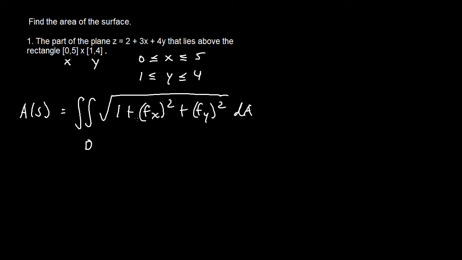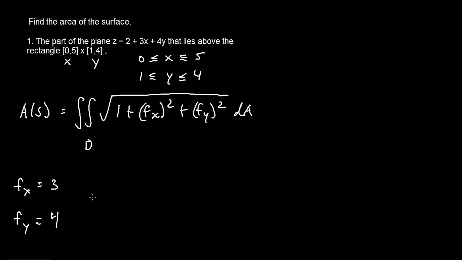So if we were to find f sub x, or the partial derivative of the function with respect to x, well, the derivative of 2 is 0, the derivative of 3x is 3, and then plus the derivative of 4y is also 0. And so f sub y, the partial derivative of the function with respect to y, is just going to be 4.